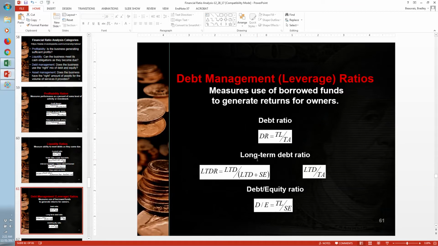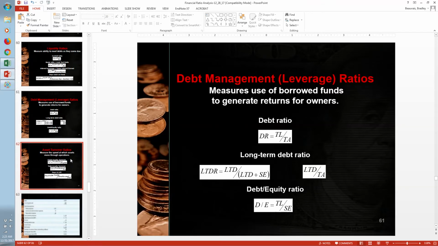Our long-term debt ratio is focused on long-term debt divided by long-term debt plus shareholder equity, and we can often see that framed a little differently as long-term debt over total assets. And our debt to equity ratio: total liabilities over shareholder equity. What's that mix? Again, as I've said before, that mix is highly subjective based on the organization and its individual internal and external characteristics.